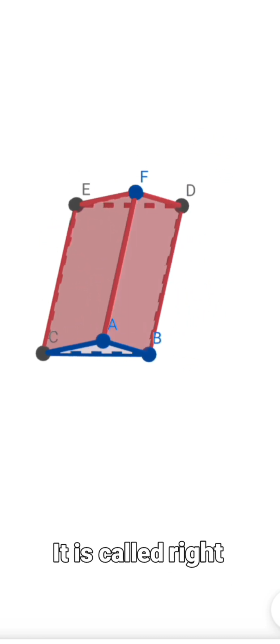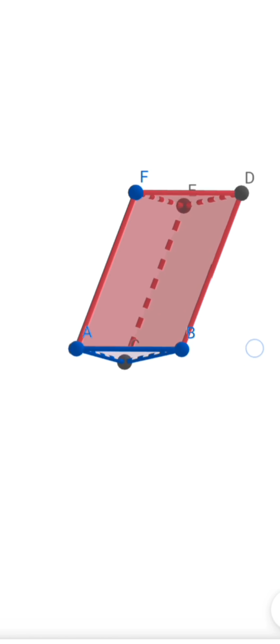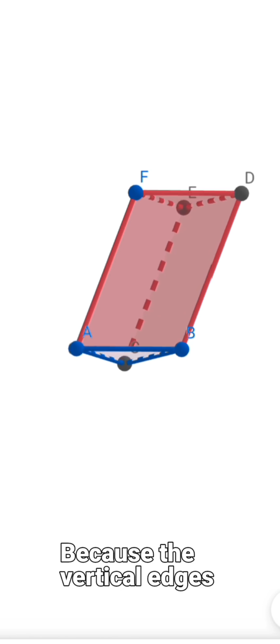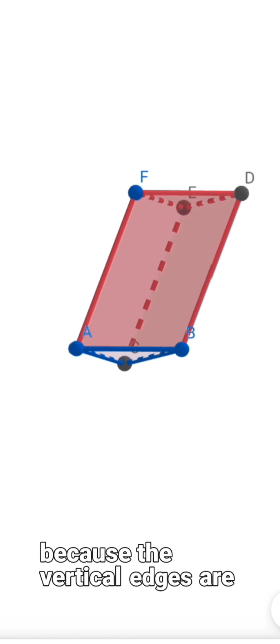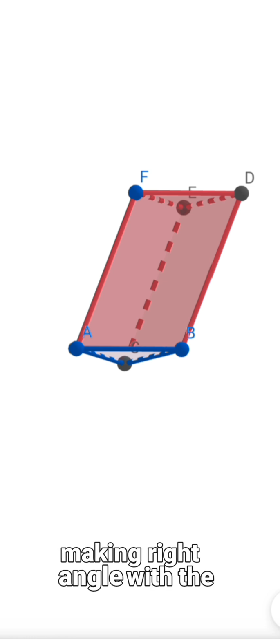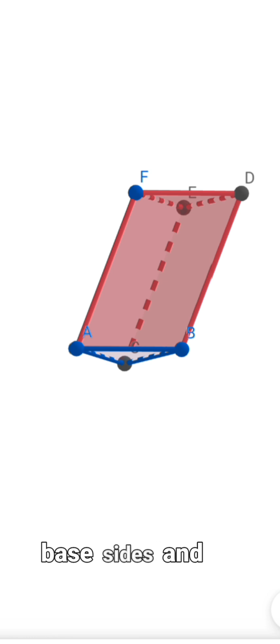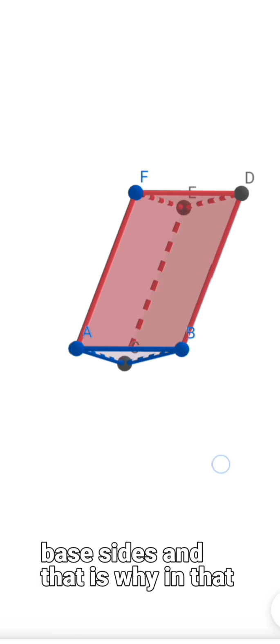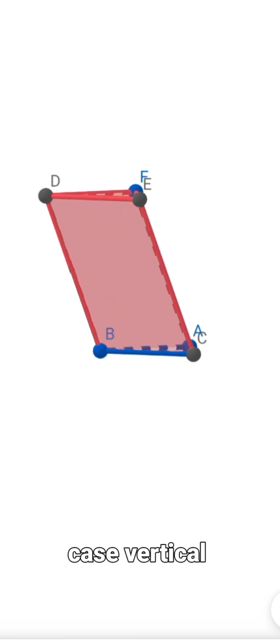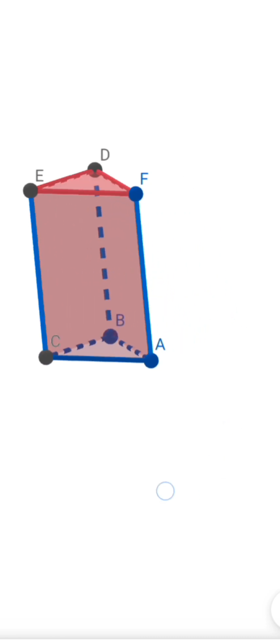It is called right prism because the vertical edges are making right angles with the base sides, and that is why in that case vertical faces are rectangles.